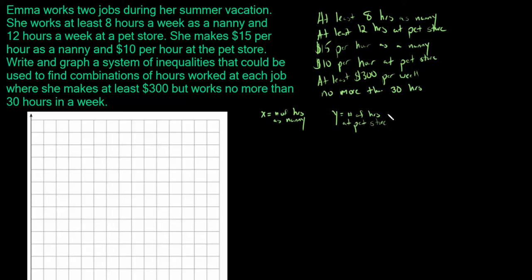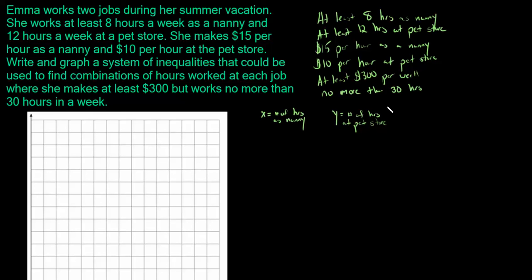Everything else stems from how many hours Emma works at each particular job. She can work at least 8 hours as a nanny and 12 hours at the pet store. She makes different amounts at each, and the constraints are really dependent upon how many hours she works at each job.